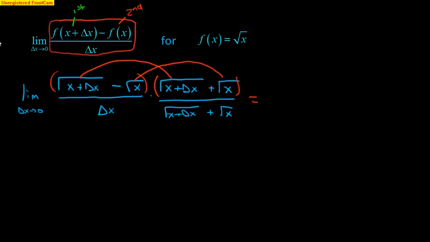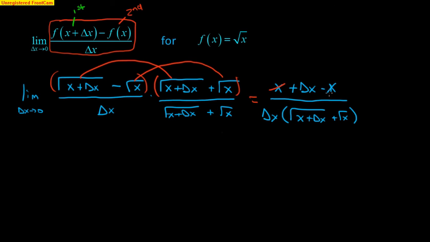And then you will see here that radical x plus delta x times radical x plus delta x is just going to give me an x plus delta x in the top. The radical x, when you multiply them, because one's negative and one's positive, is going to be a minus x. And then on the bottom, no need to multiply everything. I'm just going to keep this as delta x times this quantity here of radical x plus delta x plus radical x.